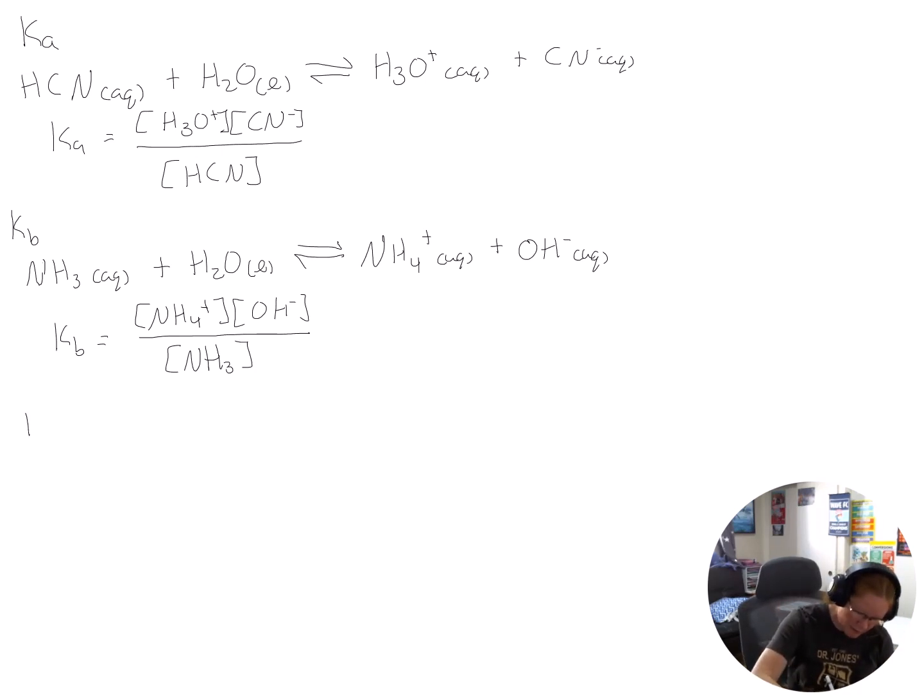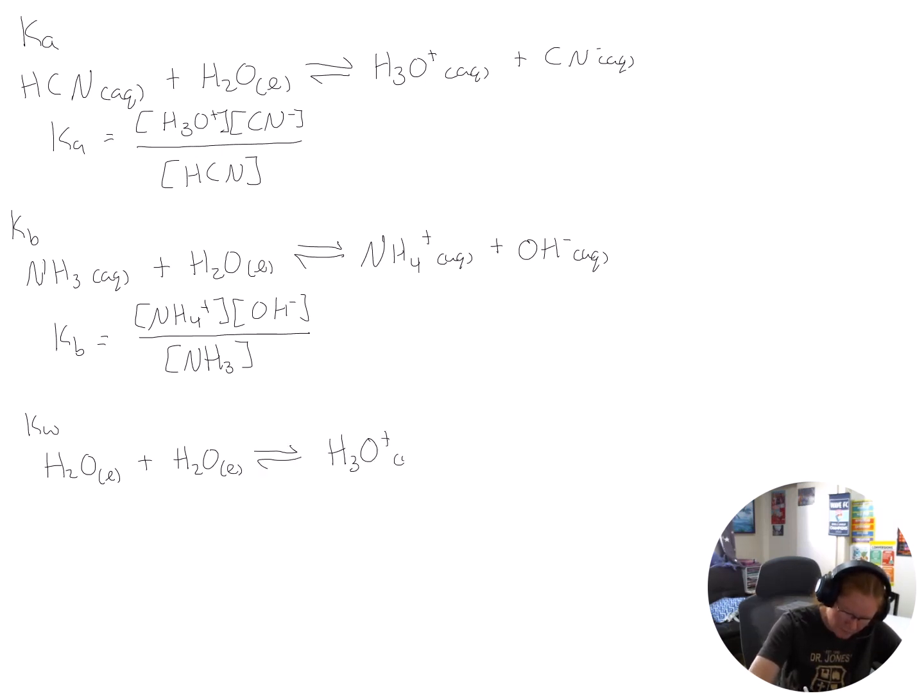Kw, I'll refresh you on, but you should have learned this one in your prep class. If you took Chem 120 at Grossmont, you should have learned this. And so we've got water in equilibrium with itself, because remember, water can act as both an acid and a base. And so we can get this, where I get hydronium and hydroxide. I'm already thinking ahead to writing the Kw expression.